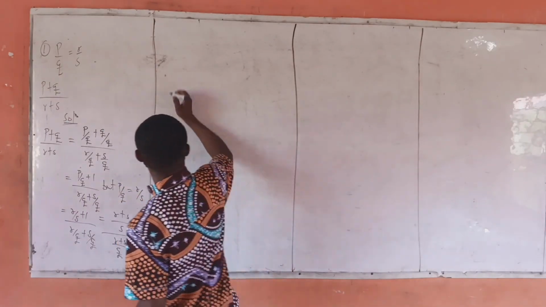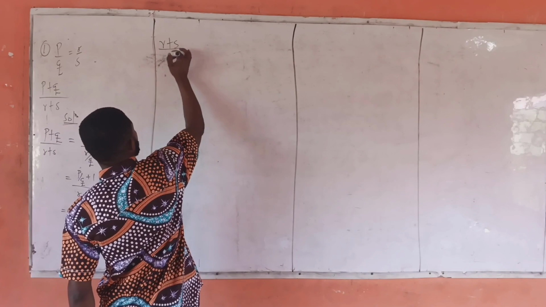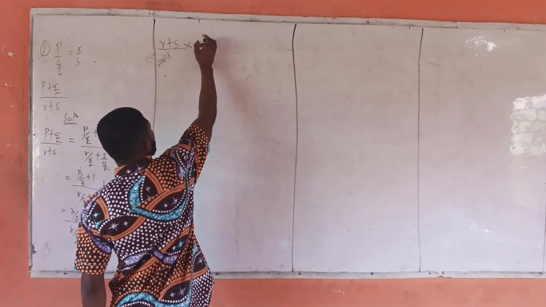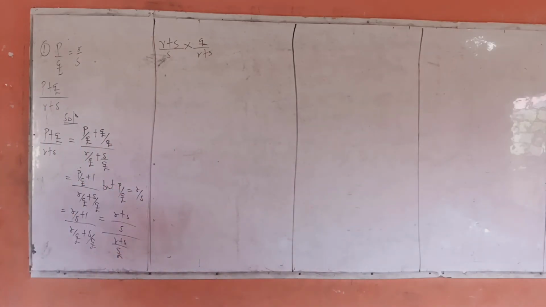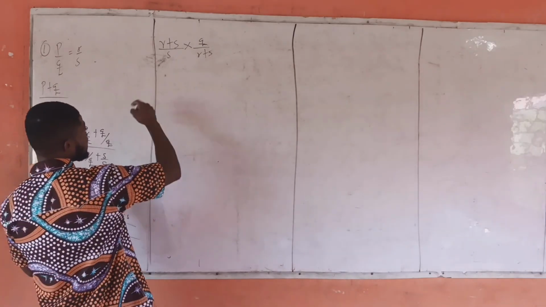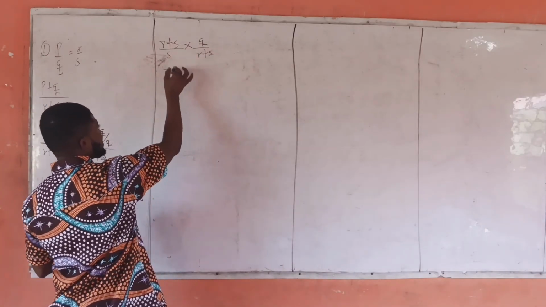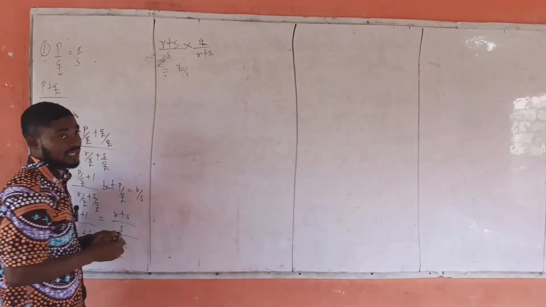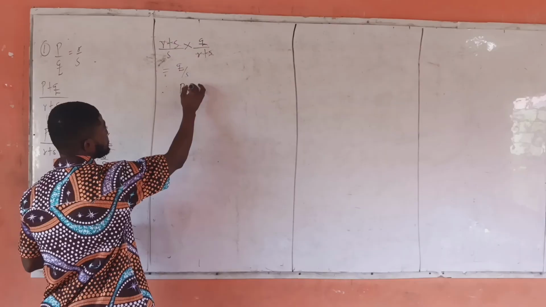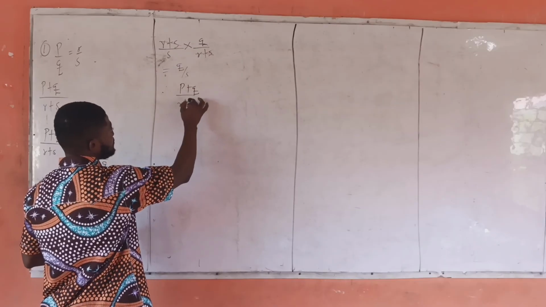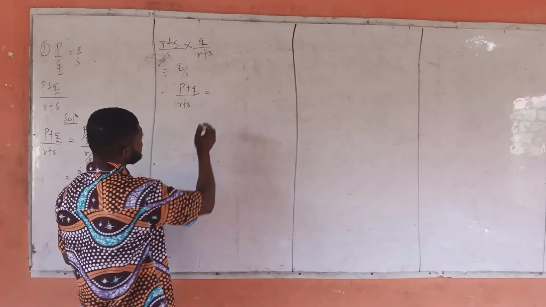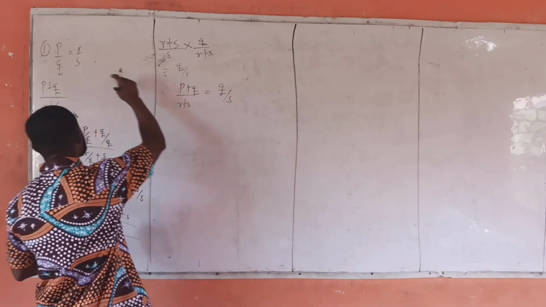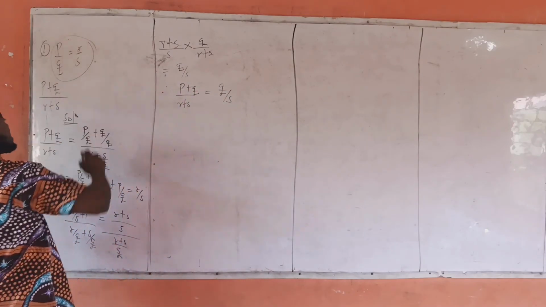That gives me R plus S on S times Q over R plus S. Then if I divide, I get Q on S. And so therefore, P plus Q on R plus S is equal to Q on S from this particular given instance.